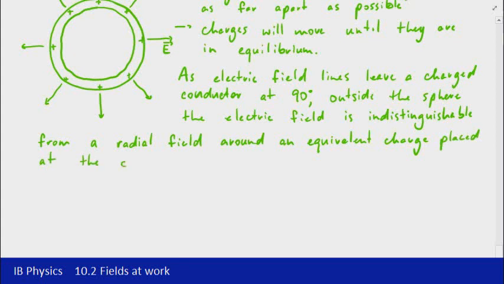So that means around the outside of the conductor, we're still going to see that equation that we've seen before for electric field strength, E equals kq on r squared. That will still apply around this region outside the sphere. So that's the first important point to note.